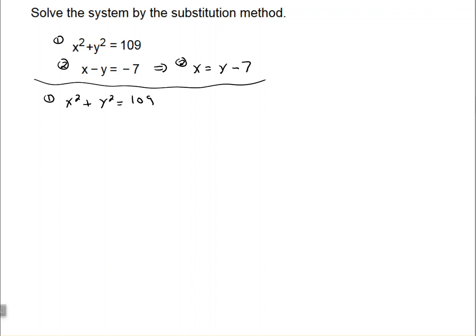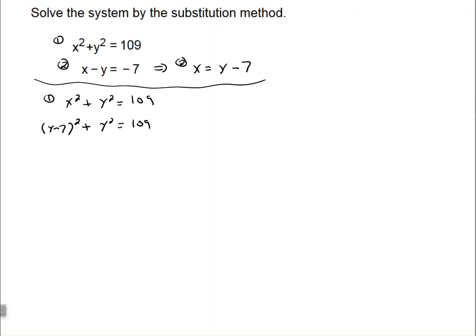Since x equals y minus 7 from equation 2, I can replace x in equation 1 with y minus 7. So instead of x squared, I would have (y minus 7) squared plus y squared equals 109.